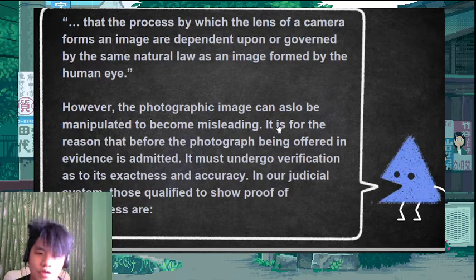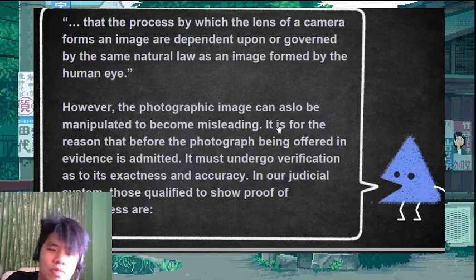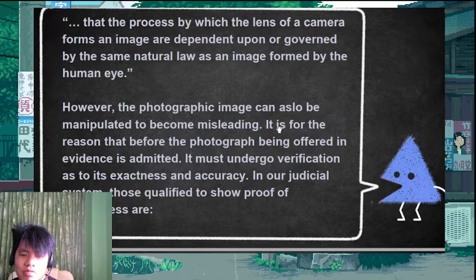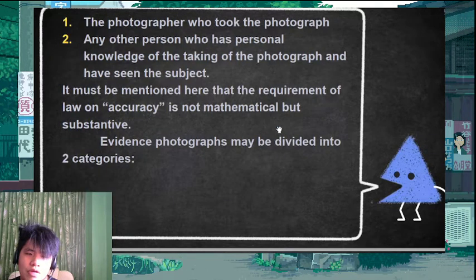So, however, the photographic image can also be manipulated to become misleading. It is for this reason that before the photograph is offered in evidence and admitted, it must undergo verification as to its exactness and accuracy. In our judicial system, those who are qualified to show proof of faithfulness are the photographer who took the photograph, and any person who has personal knowledge of the taking of the photograph and has seen the subject.